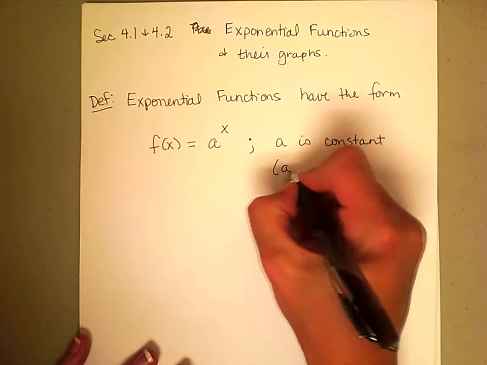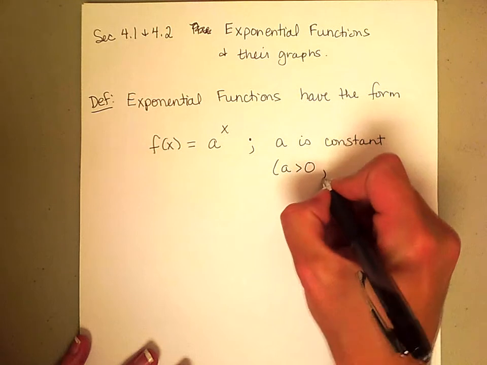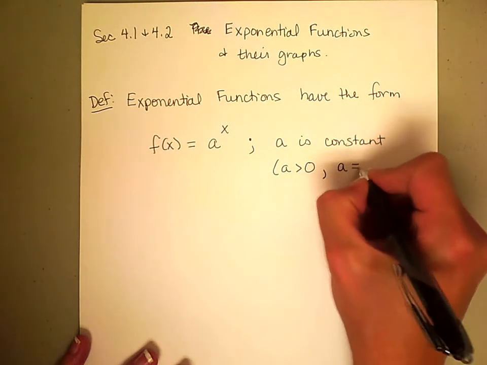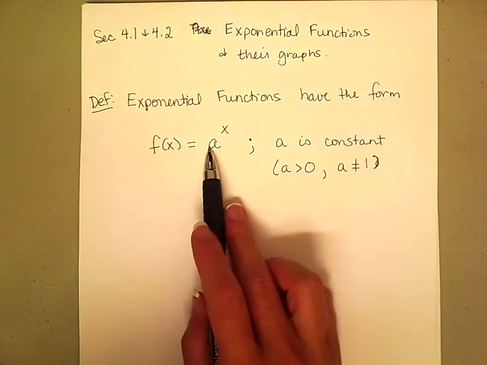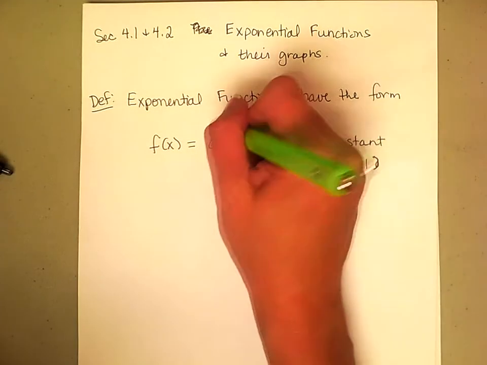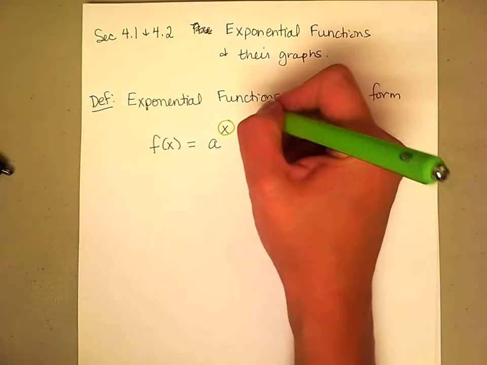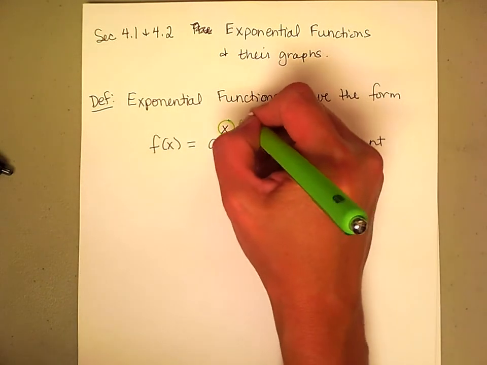We'll also note that a has to be greater than 0, that is, it has to be positive, and a cannot equal 1. If a equals 1, we just get 1 to the x, and 1 to any power is just 1. So that invalidates that. The difference about exponential functions is that the variable is in the exponent.